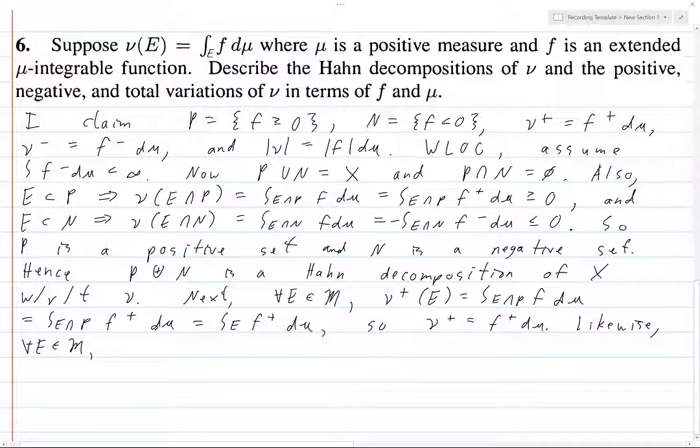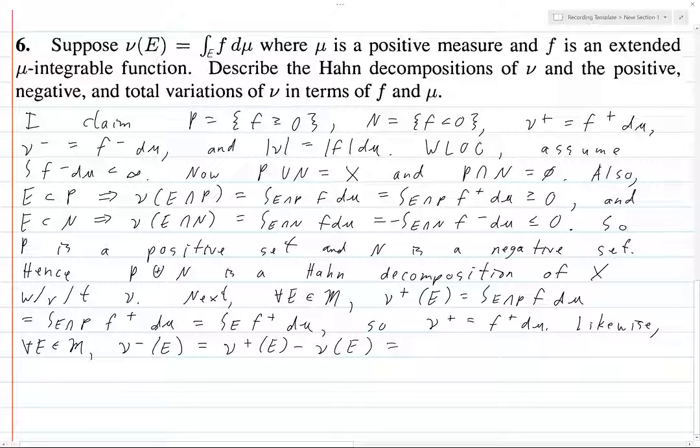Alright, so now that I've taken a little bit of time to regather my bearings, what we want to do is look at nu minus of E. But now we go back to the definition, and what does this mean? Remember that nu equals nu plus minus nu minus. And so this is just nu plus of E minus nu of E.